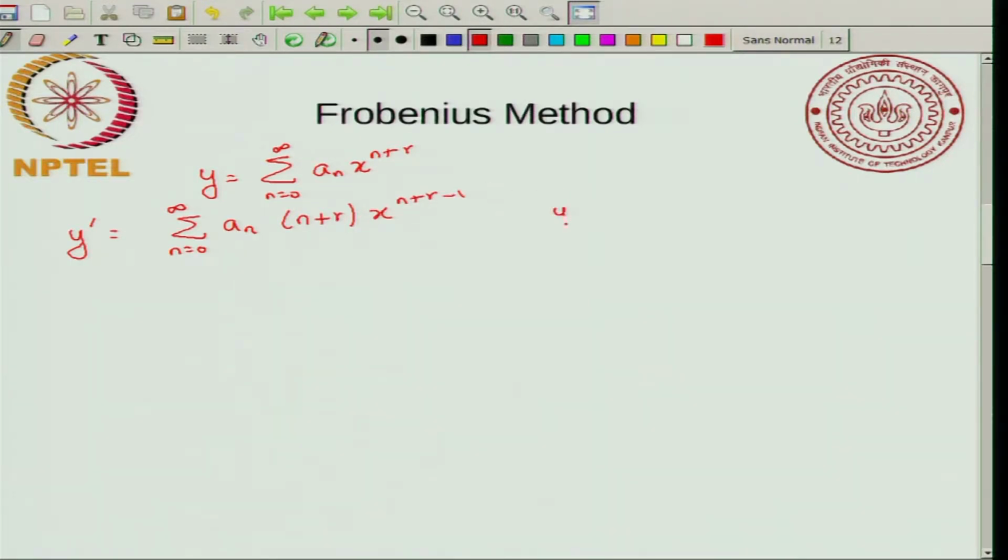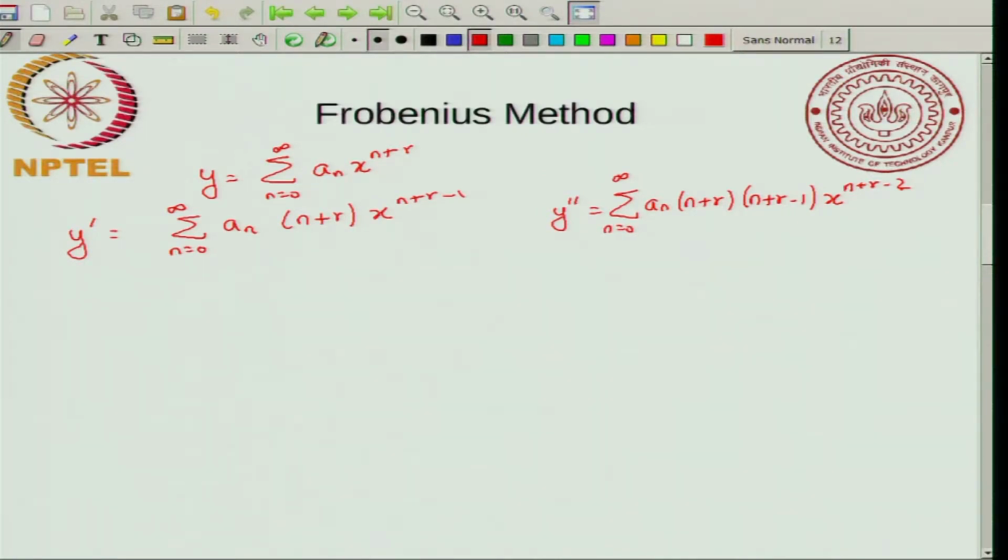And y double prime is equal to the sum over n equal to 0 to infinity of a_n (n plus r)(n plus r minus 1) x raised to n plus r minus 2. Okay. So this is what you start off with. Notice that in the previous case we just had n x raised to n minus 1, here you have n plus r and x raised to n plus r minus 1 and so on.